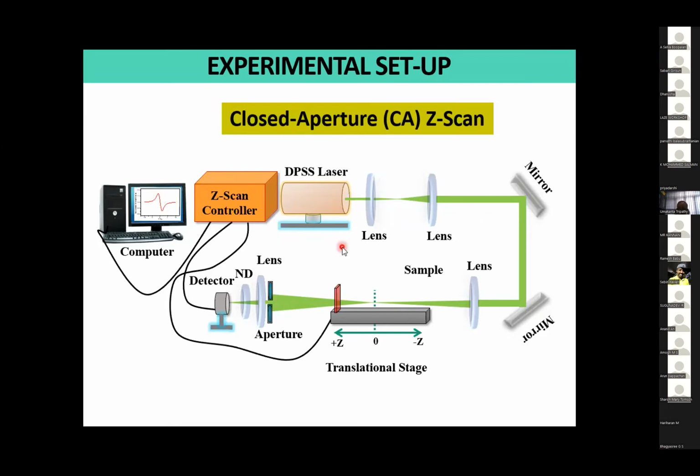Many people, including our group when I was doing my PhD at IIT Madras, have shown that we can still use a single closed aperture G-scan to estimate both the refractive and absorptive nonlinear parameters.